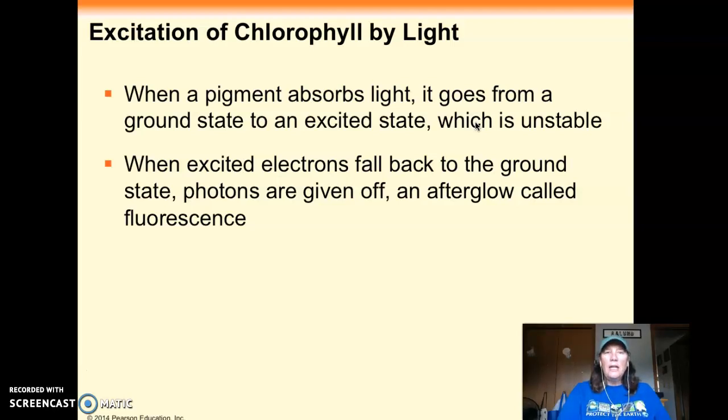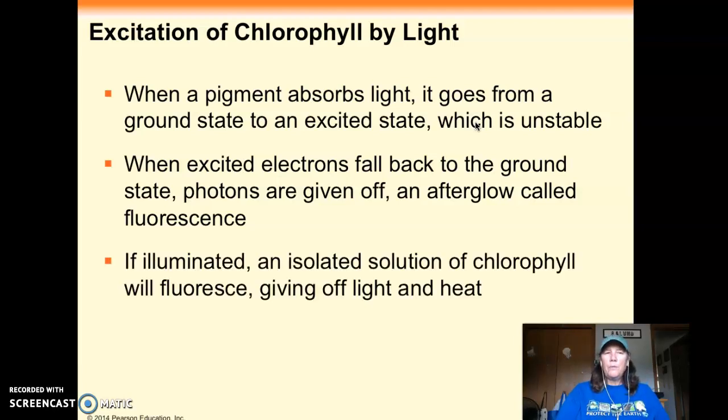And the energy allows the electrons to jump up. They get excited. They go up to the next level, but really it's not very stable. They don't really want to be there. They want to go back home. They want to go back to their ground state. So when they go back to their ground state, they give off that energy, and this is going to be photons, little packets of light. Okay?